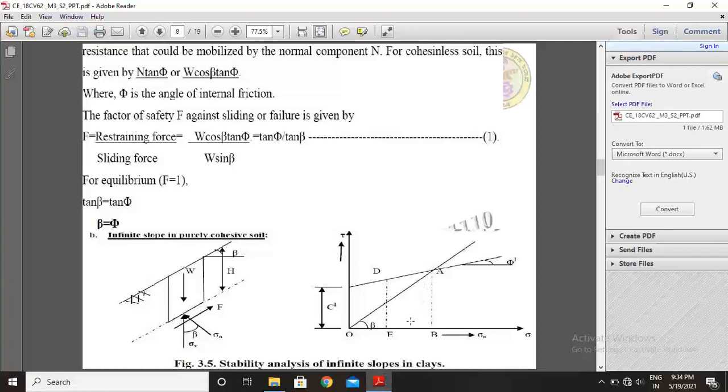Now we locate where the two lines meet. So this is point A, next coming downward, this is point B, and you select these two points D and F. This is acting at an angle. Measure this as phi dash, this as C. So this diagram explains the stability analysis of infinite slopes in clay soils.